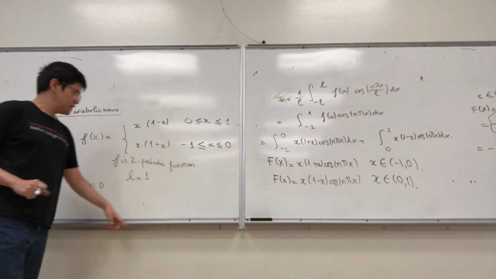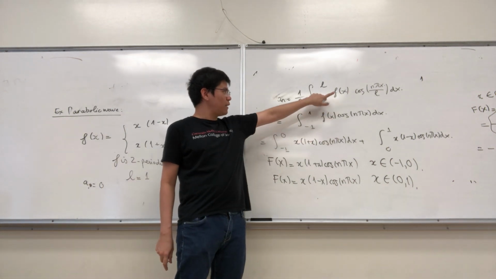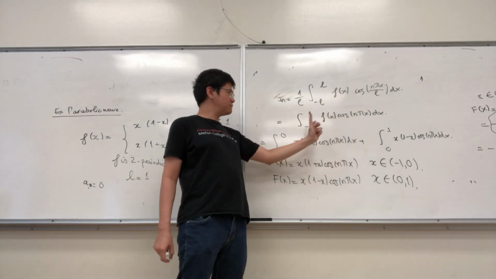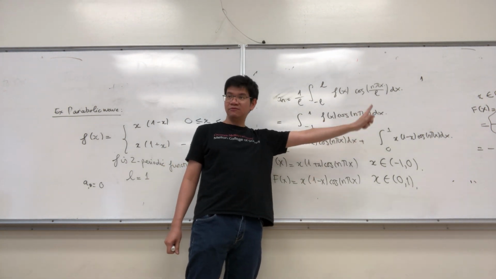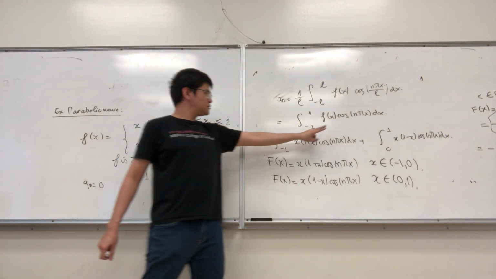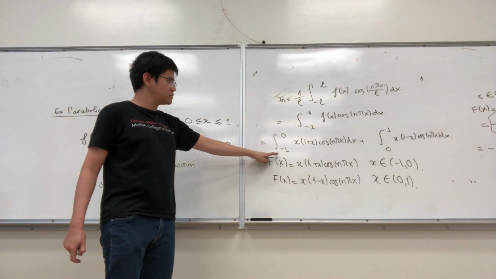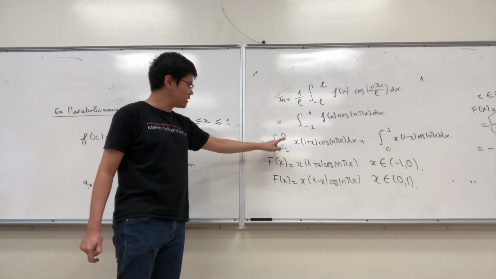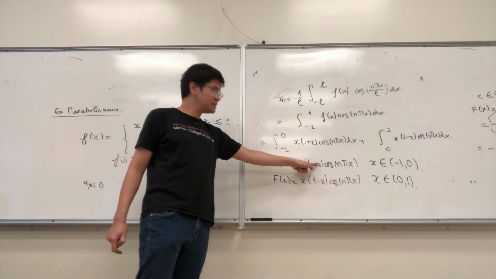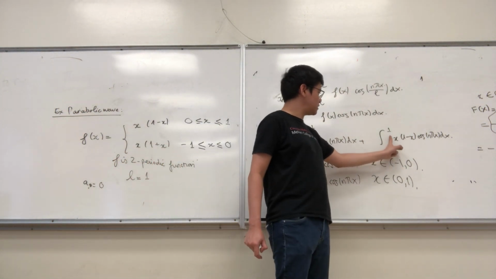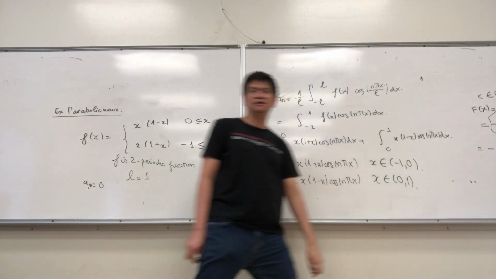I'll explain it again. Now, I want to compute this An, which is, because L is 1, I'm going to replace everything by 1. So I have the integral from -1 to 1 of f(x) cosine of n pi x dx. I'm going to have to split this interval into two. So the first one is from -1 to 0, where I put x(1 + x), and from 0 to 1, I put x(1 - x) cosine n pi x dx.